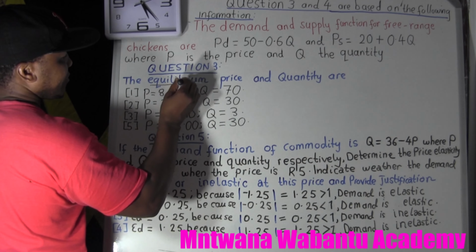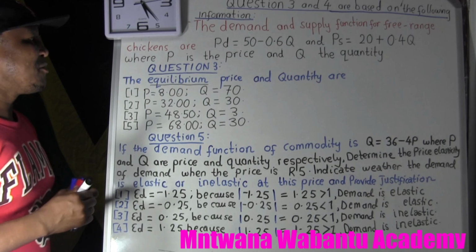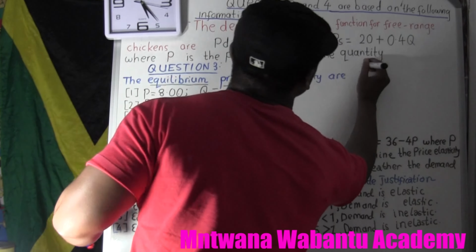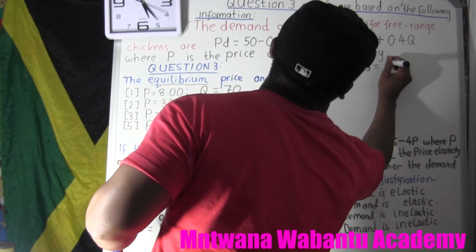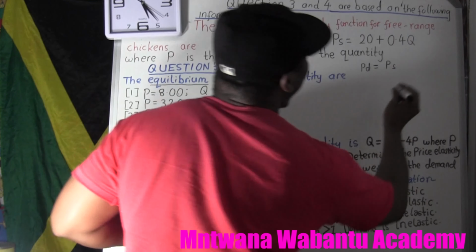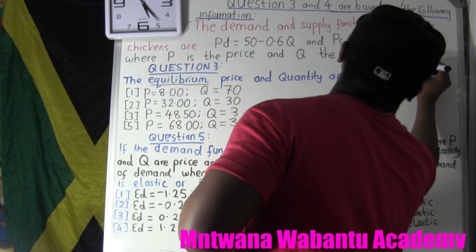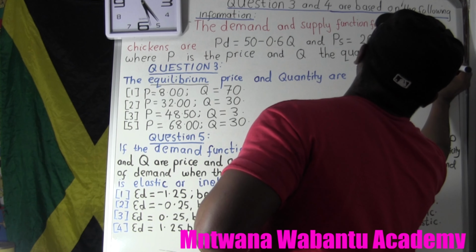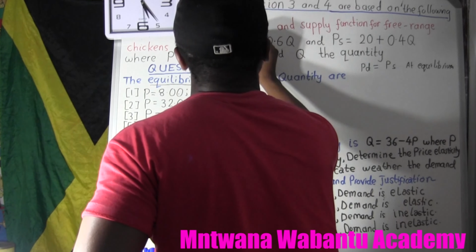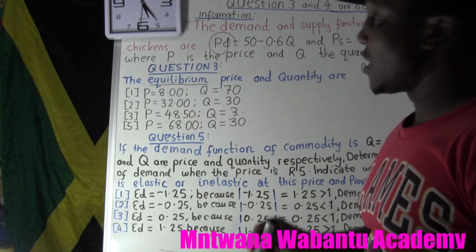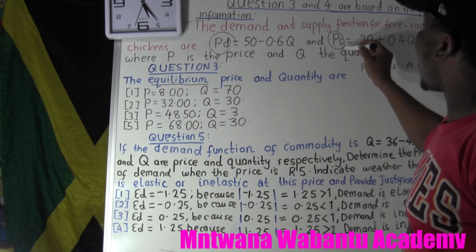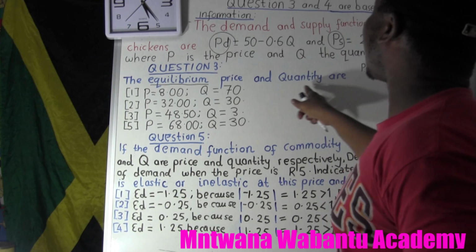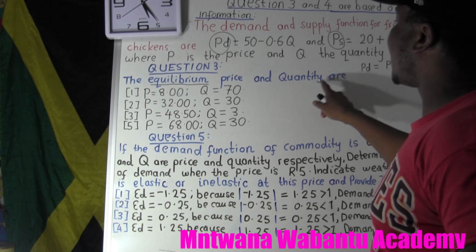At equilibrium, the price of demand always equals the price of supply. You equate this one right here to the price of supply, and then they ask what the price and quantity are.